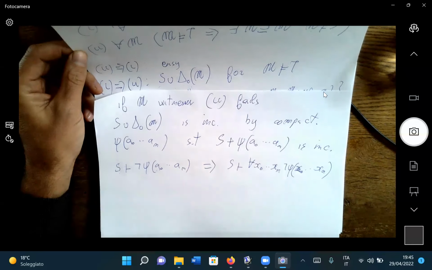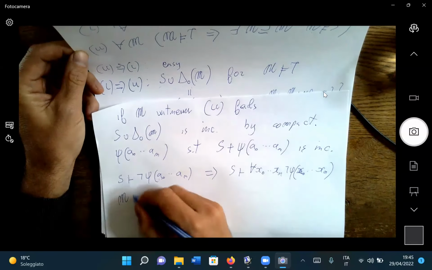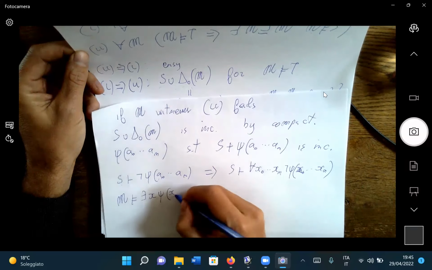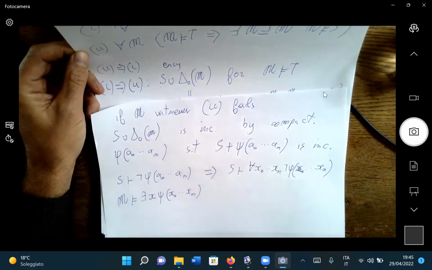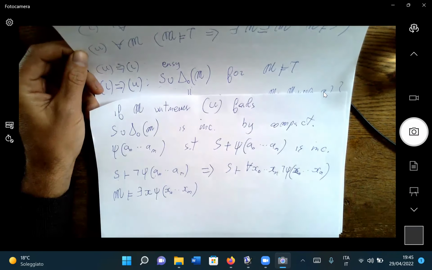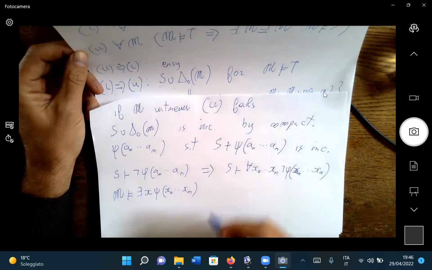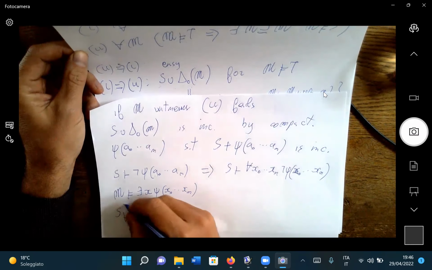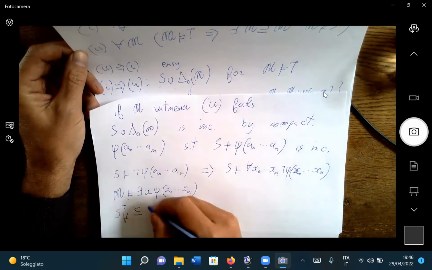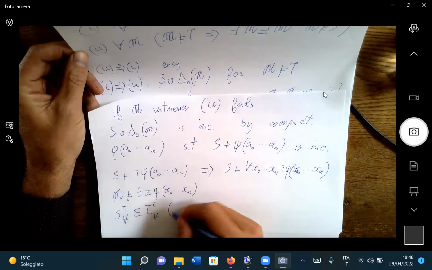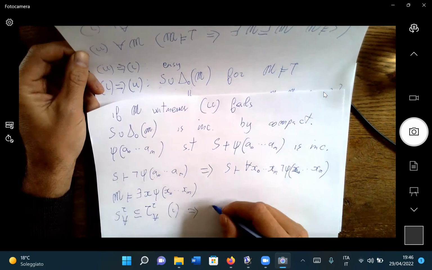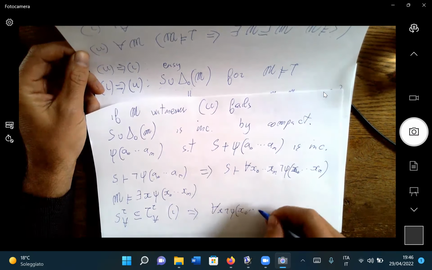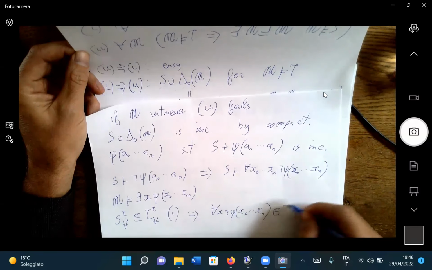Well, and now we also have that M models exist X C of X0 Xn, and this gives that if S for all tau is a subset of T tau for all, which is 1, then we get that for all X not C of X0 Xn belongs to T tau for all.